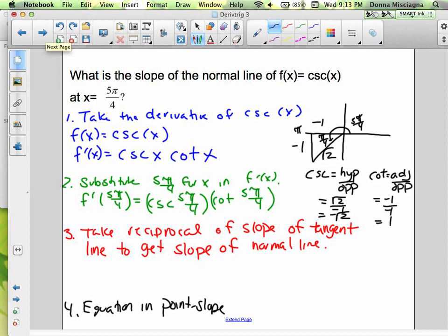All right, so now let's finish evaluating here, because we're going to replace cosecant 5 pi fourths with negative square root of 2, and we're going to replace cotangent 5 pi fourths with a big old whopping 1. So f prime of 5 pi fourths is just negative square root of 2 times 1, so that's just negative square root of 2. That's the slope of the tangent line.